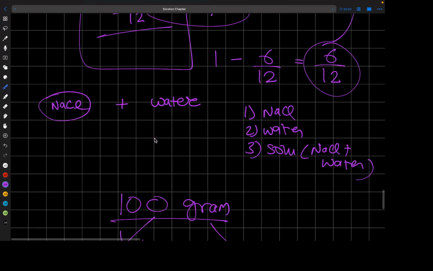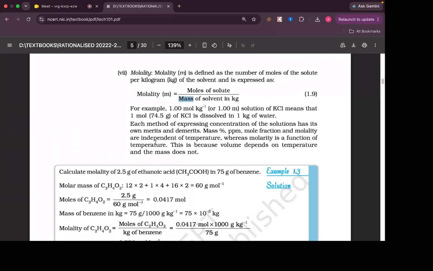Water, sir. Correct. Very good. This point is missed by many students. In attempting the question fast, we forget many times that we have to use the solvent, not solute, not solution, solvent. In which unit? Kg.